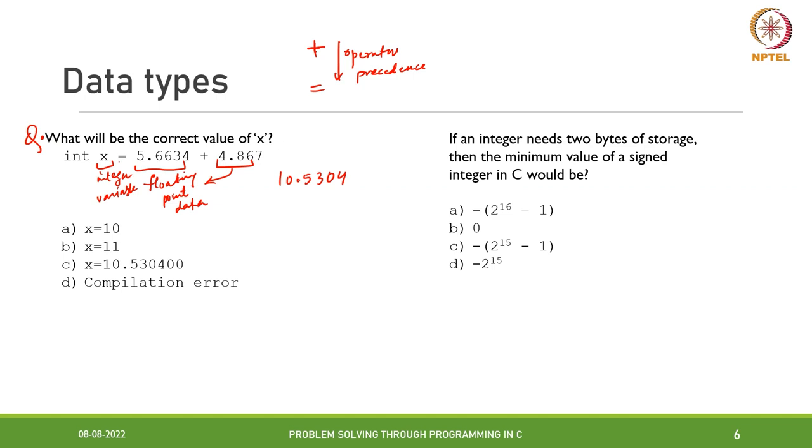So the value here will be 10.5304, and it's written here as well. So what exactly will be stored in x? This is a floating point value which we are trying to put into the variable x. So what will happen in that case?